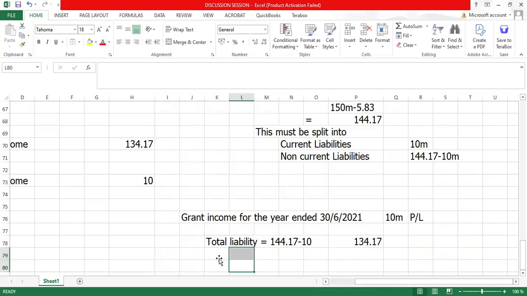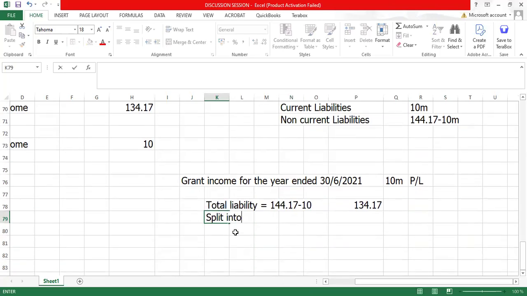But this one must be split into two. Split into the current. So for the year ended 30th June 2021, your current liability will remain as 10. Why 10? Because every year you expect for the next 1 year to recognize only 10.